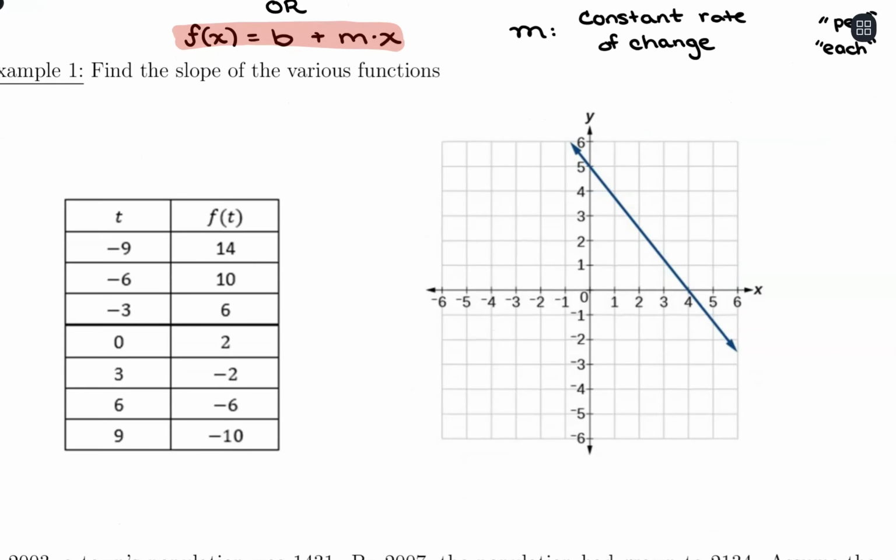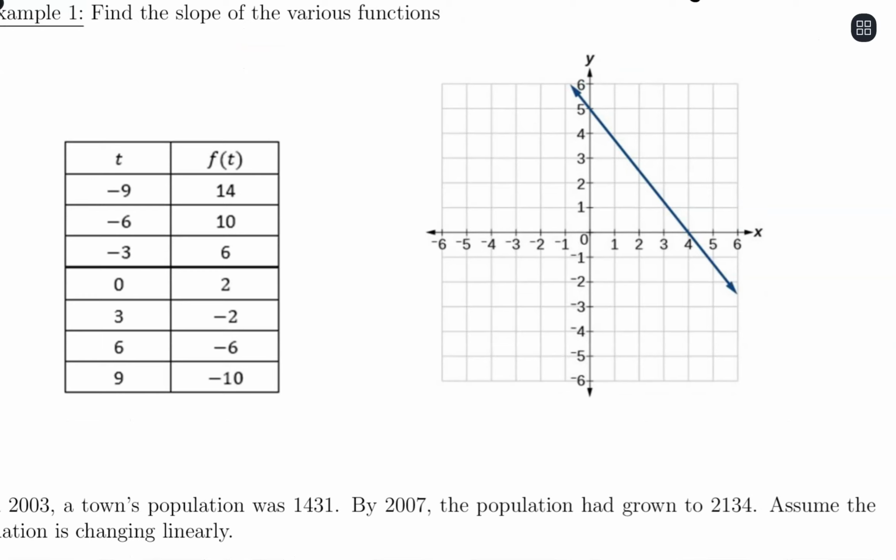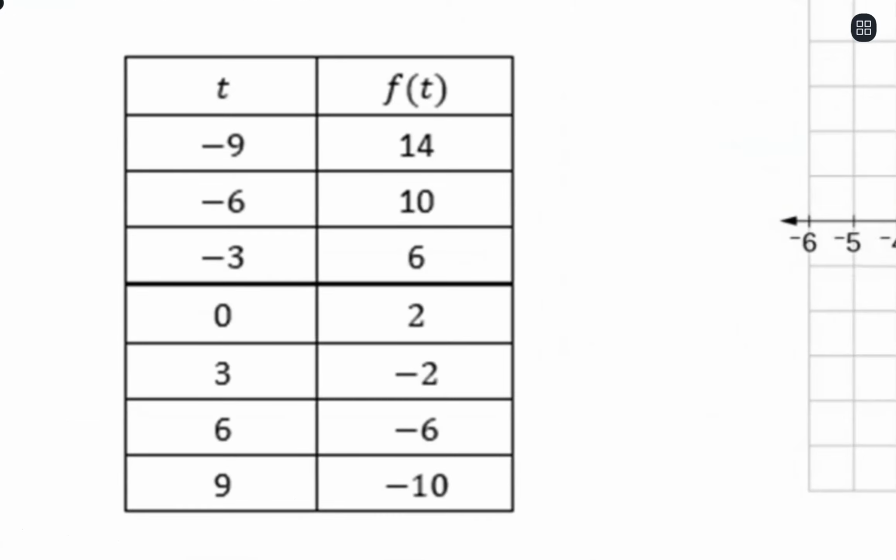All right, so let's look at some different ways of just finding slope. So we're going to look at a table, a graph, and a word problem. So from a table, here we have these t values of -9, -6, -3, 0, 3, 6, 9, and then f of t has these different outputs: 14, 10, 6, 2, -2, -6, -10.